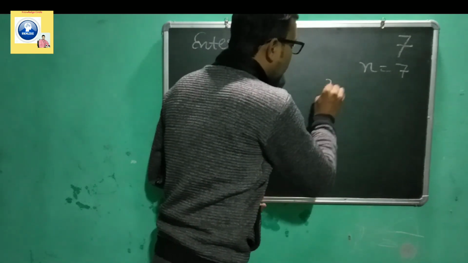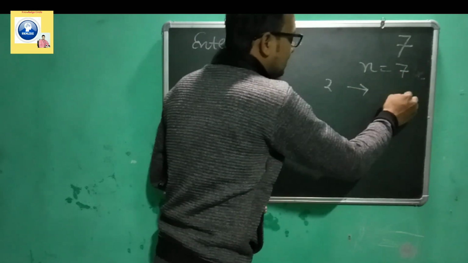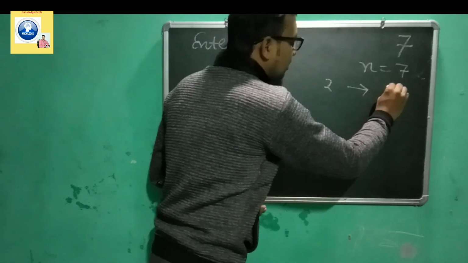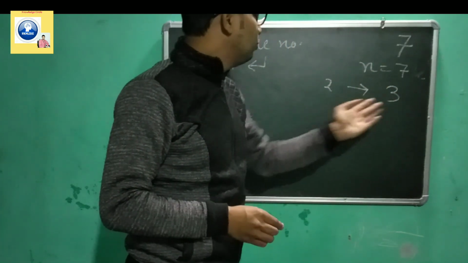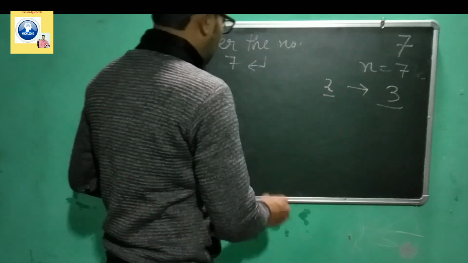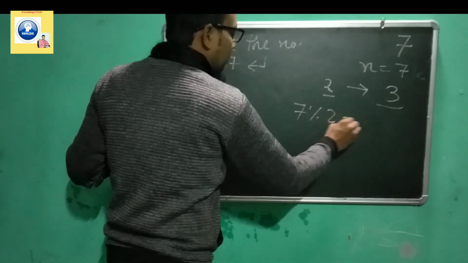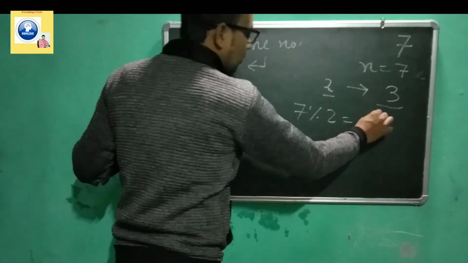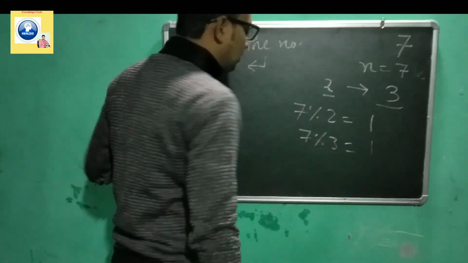The loop runs from 2 to 7 by 2. 7 by 2 means it will run up to 3 only. So it will be divided only by 2 and 3. 7 modulo 2, what will be the remainder? 1. If you do 7 modulo 3, then also the remainder will come 1.